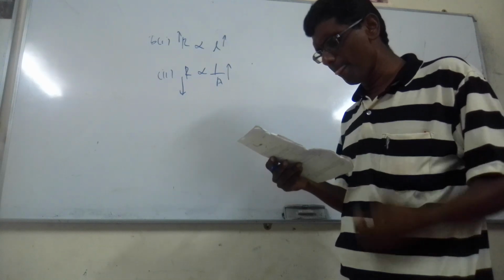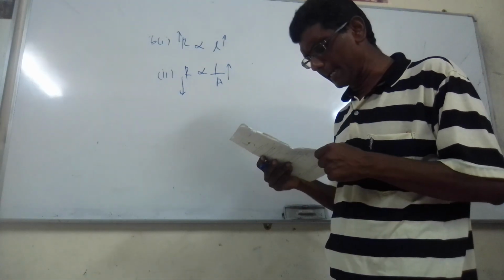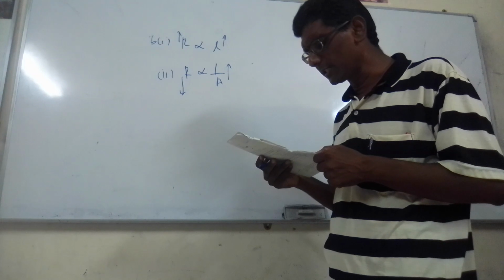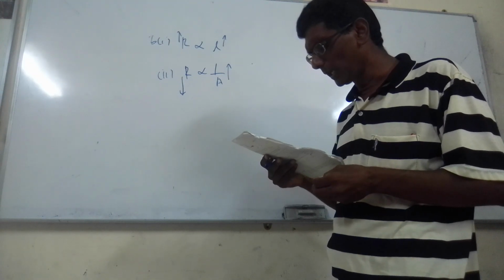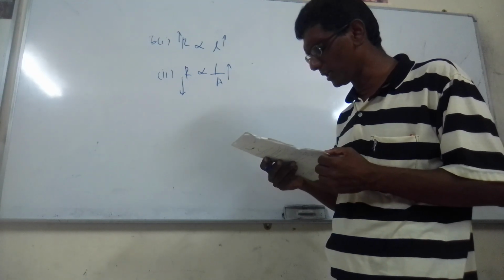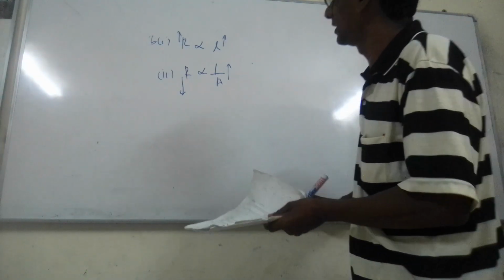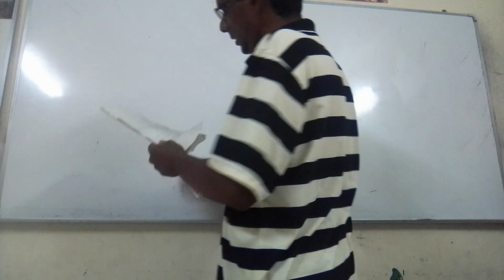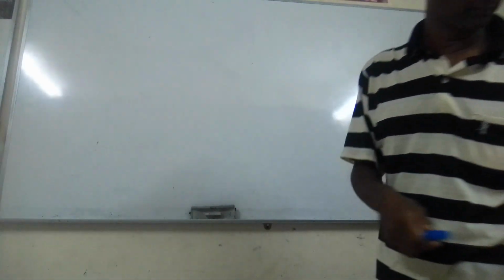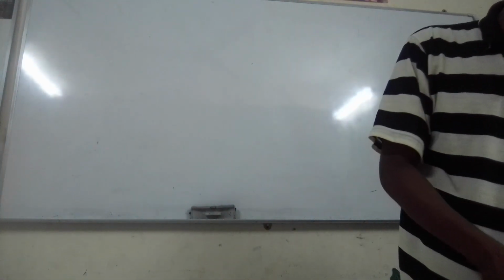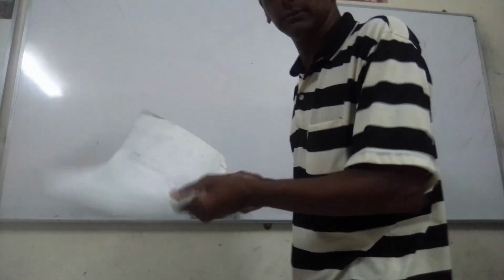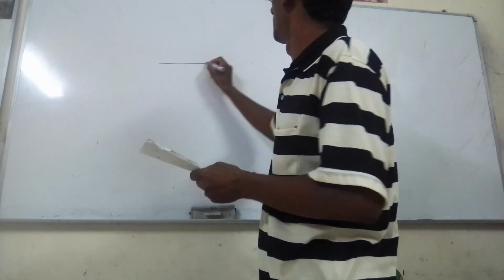Question number C. The diagram shows a circuit of 2 ampere. In the circuit, 2 electric resistors are connected in parallel. Calculate I1 and I2.